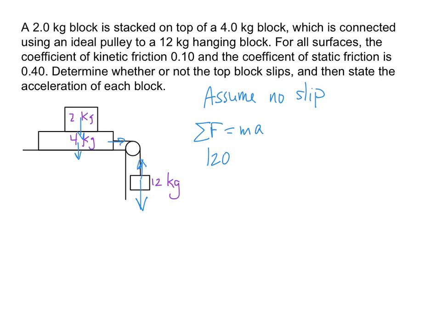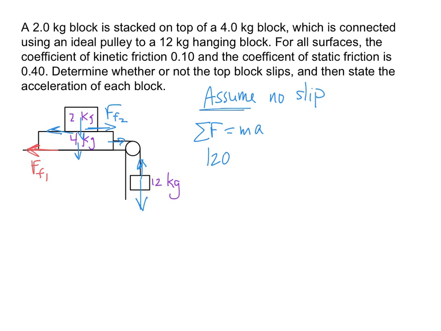Those are the same tensions if it's ideal, but again, those are internal. Not going to worry about that right now. The only other force I need to worry about here is friction right here. There's a frictional force at that bottom surface. There's friction at these surfaces too, but I'm not going to worry about those because I'm assuming right now that it doesn't slip.